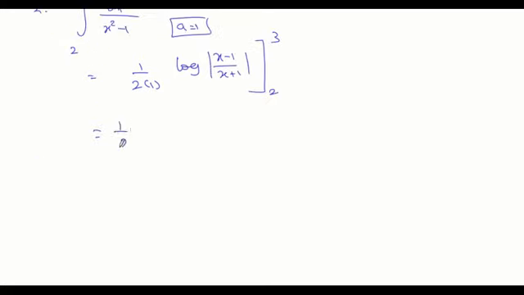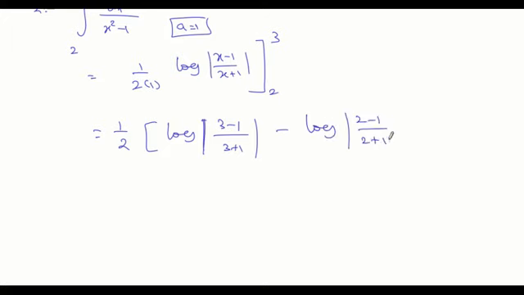This 1 by 2 is out. Now log of (3 minus 1) by (3 plus 1) minus log of (2 minus 1) by (2 plus 1). That's all, children.